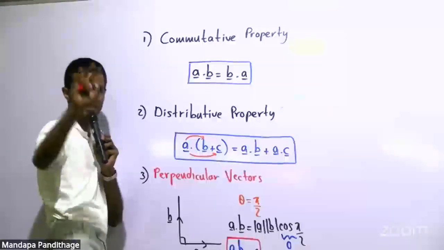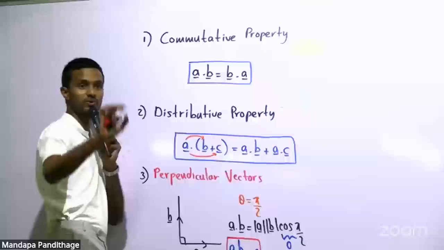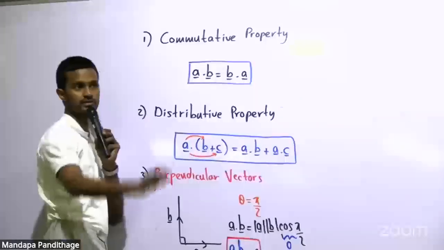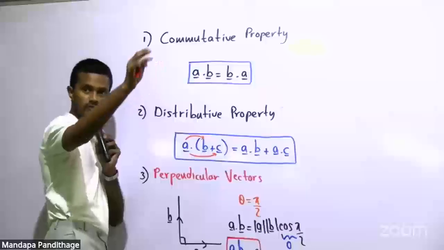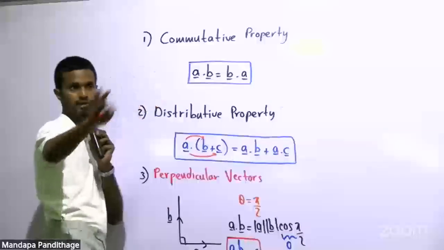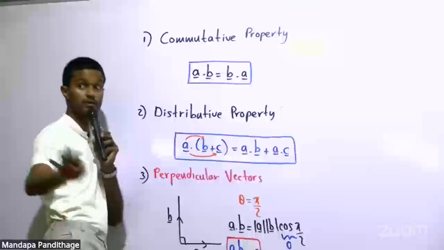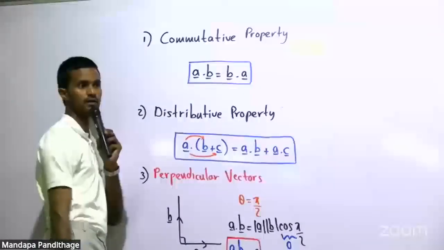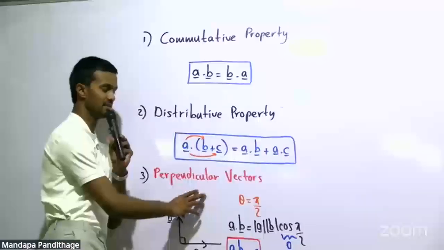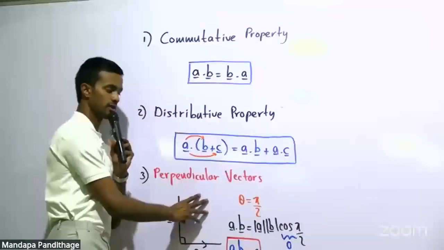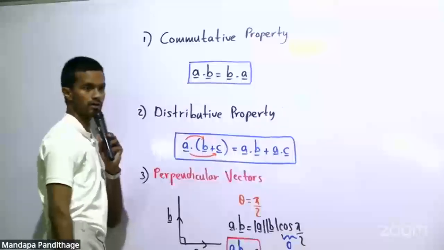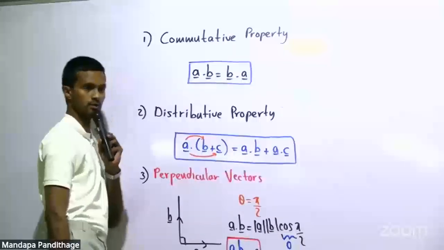If you can express one vector in terms of the other vector, you can say they are dependent, and dependent vectors are parallel. So that is how you can show two vectors are parallel. This is how you can show two vectors are perpendicular. One of the main theories, and at least 50% of the A-level past paper questions, is based on these perpendicular vectors where the dot product is equal to 0.